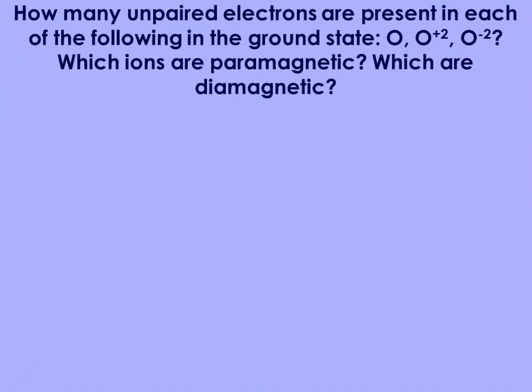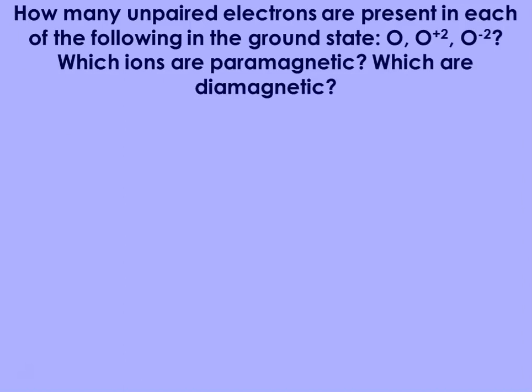So here I want to know how many unpaired electrons are found in the ground state O, O+2, and O-2, and which of these ions are paramagnetic and which are diamagnetic. So to find unpaired electrons, you need to look at the last part of your configuration in which electrons are being placed, because again, you do not move from one sublevel to the next until you have completely finished off that sublevel.